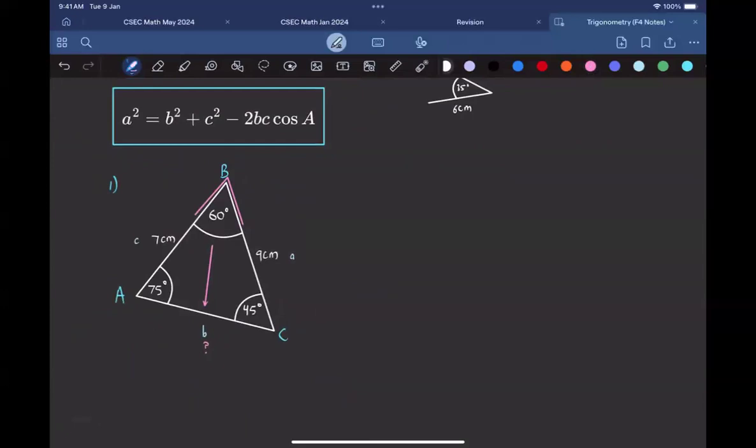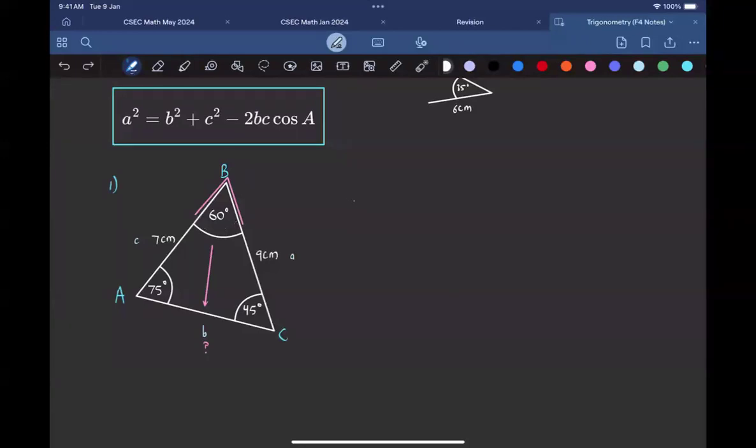So I'm going to show you all how to change up the rule. In the rule, b and c are the lengths of the sides next to the angle. So what are the sides right next to the angle? 7 centimeters and 9 centimeters. Right, so let me show you how we're going to write our formula. The formula isn't going to be a squared.